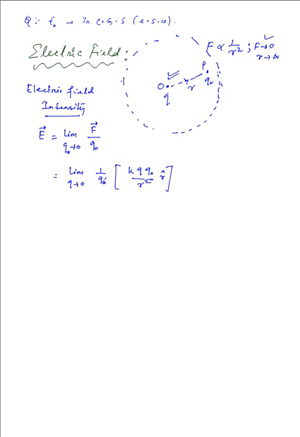From this we cancel out the Q naughts, and we can apply the limit, and we'll get the expression for the electric field intensity at a distance r from the given charge Q. You must note that this expression does not carry the test charge Q naught that was there initially, because that has been removed mathematically.